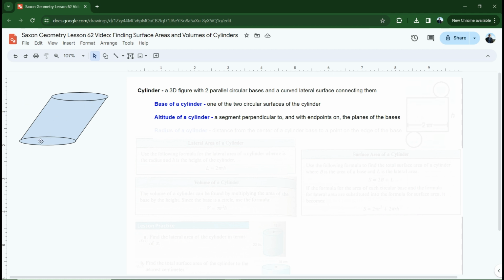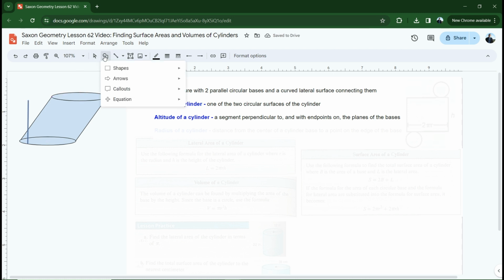But because we can have oblique cylinders, let's say I started drawing a line from this point over here on this bottom base, and I tried to draw it to the top base, it's never going to hit the top base. If it's perpendicular to the bottom base, it's going to go straight up, but the top base is slanted away. So instead, we say it has to connect to the plane containing the top base.